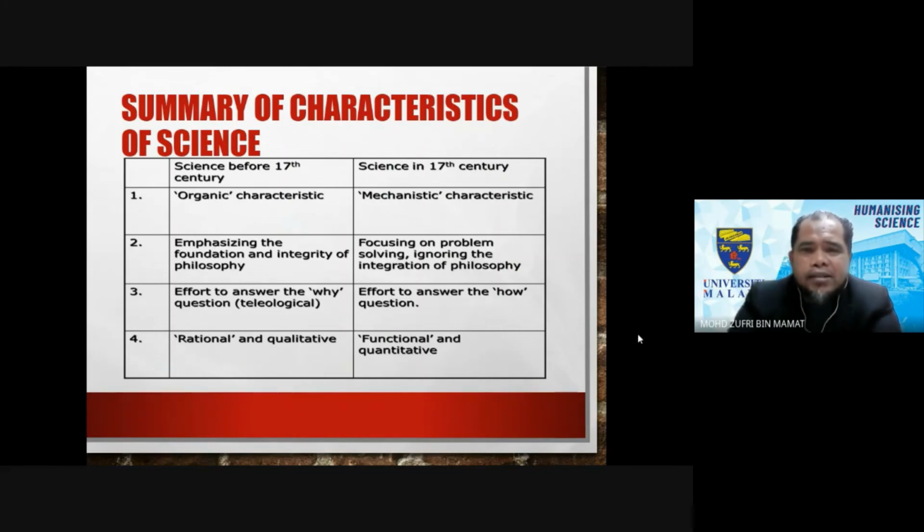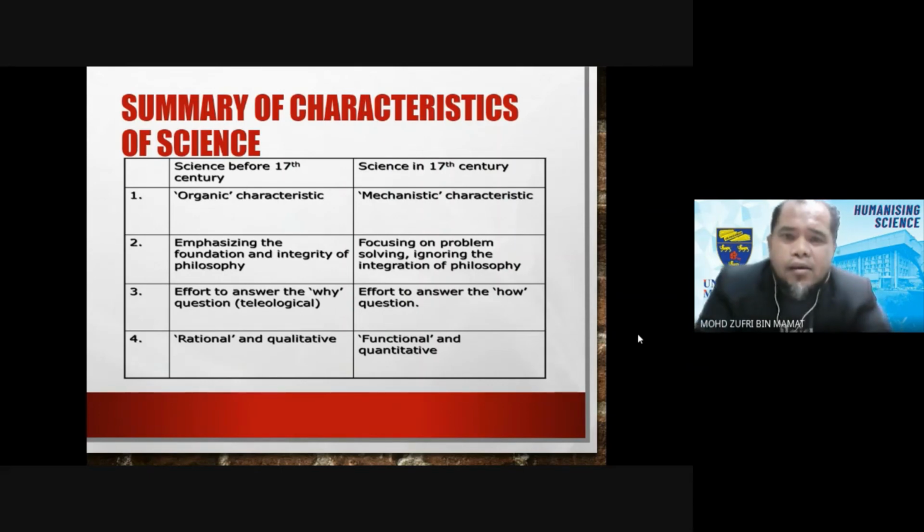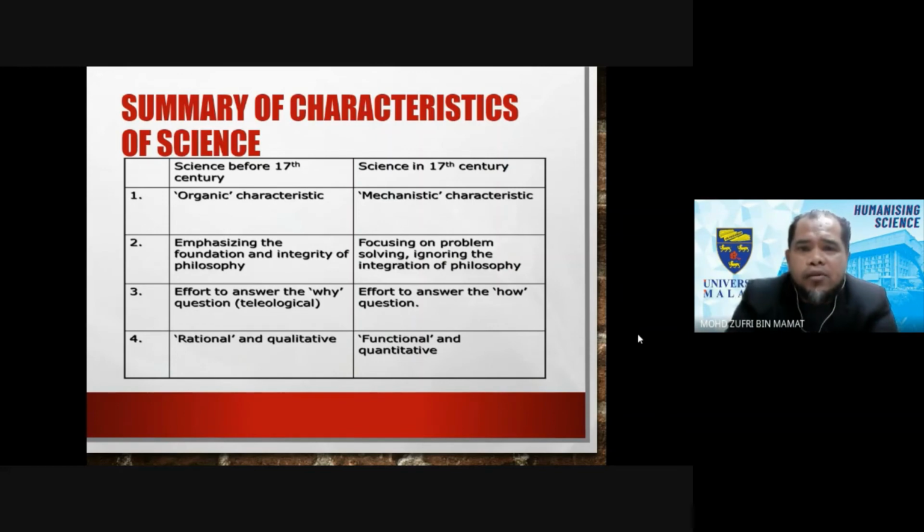Meanwhile, science in the 17th century changed to a mechanistic characteristic, focusing on problem solving, ignoring the integration of philosophy, an effort to answer the how question, and the last one is more functional and quantitative. Apart from the impact of science and technology on man and nature, the evolution of science can be seen in the context of the content of knowledge.